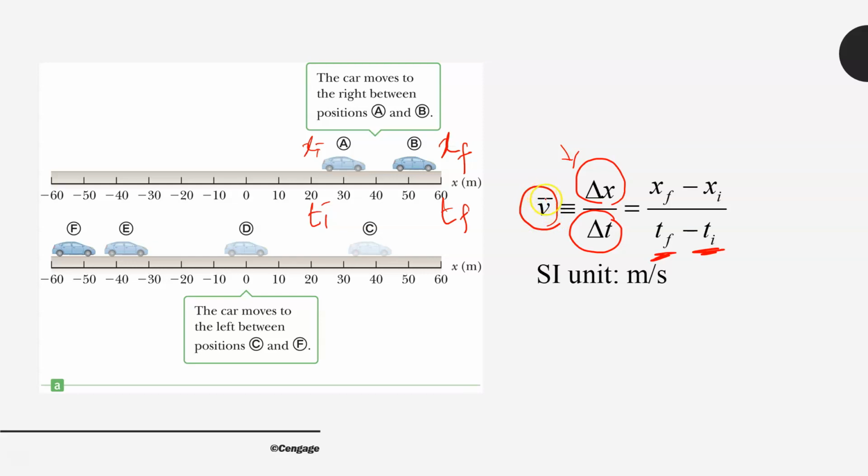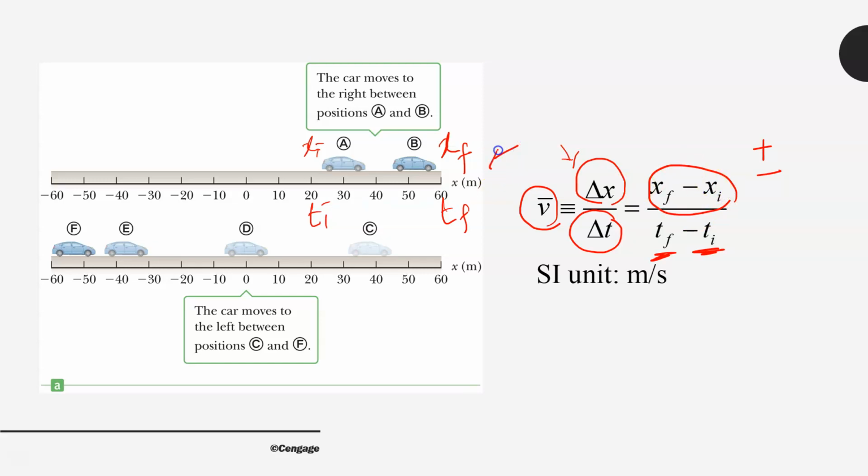Now average speed is always positive, but the average velocity of an object in one dimension can be positive, negative, or zero depending on the sign of the displacement.